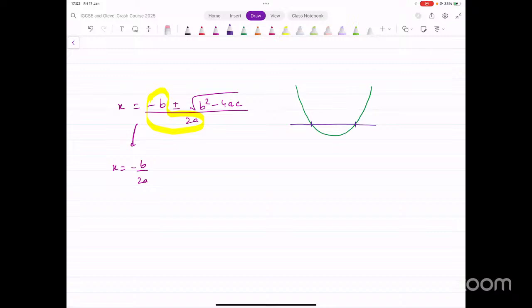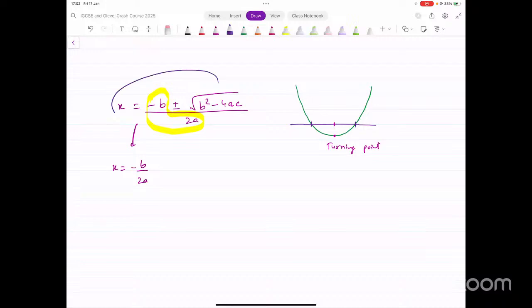It will give me the two x-intercepts. What I'm looking for is the x-coordinate of the turning point, which is exactly in the middle of those two x-intercepts. Why is it exactly in the middle? Because the curve is symmetric. Since the curve is symmetric, the turning point has to be exactly between those x-intercepts.